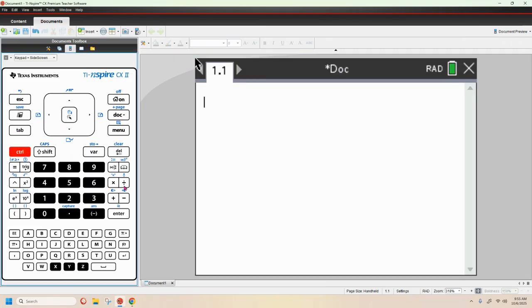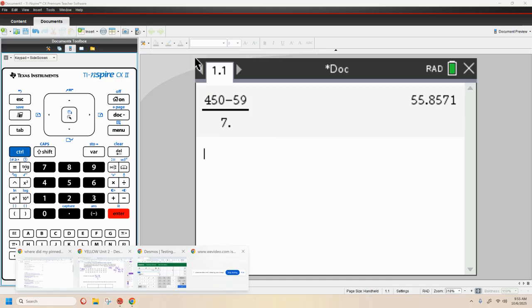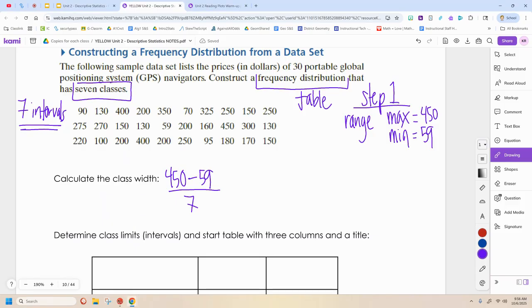Okay, so I like to do control divide first because I'm a nerd. I go 450, subtract 59, and then I'm going to go over 7, but I want a decimal answer, so what am I going to do right now? Tuck in a decimal right here so I get this answer, right? Everybody good? So 55.8. So you're always going to write down the answer you get.